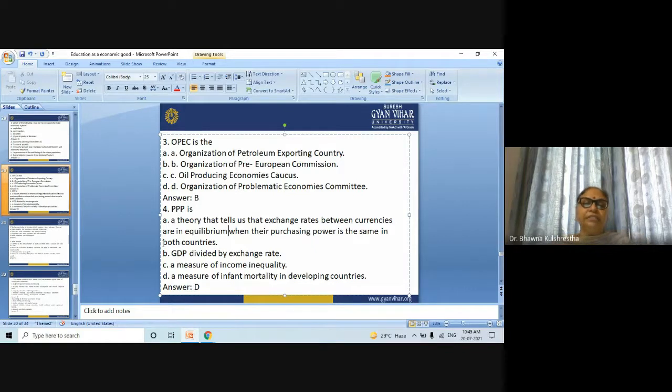The right answer of this question is a measure of infant mortality in developing countries.